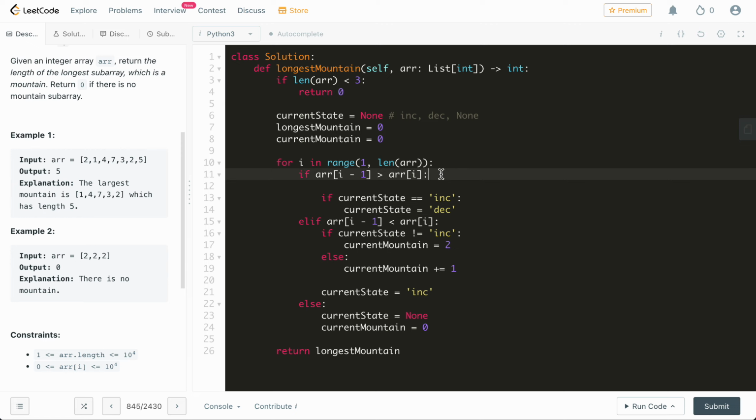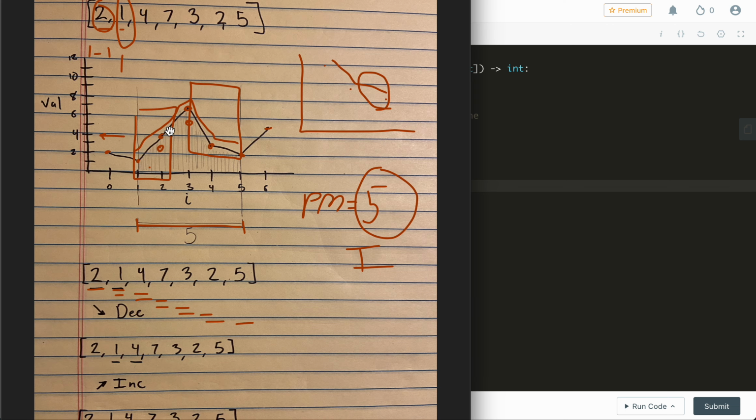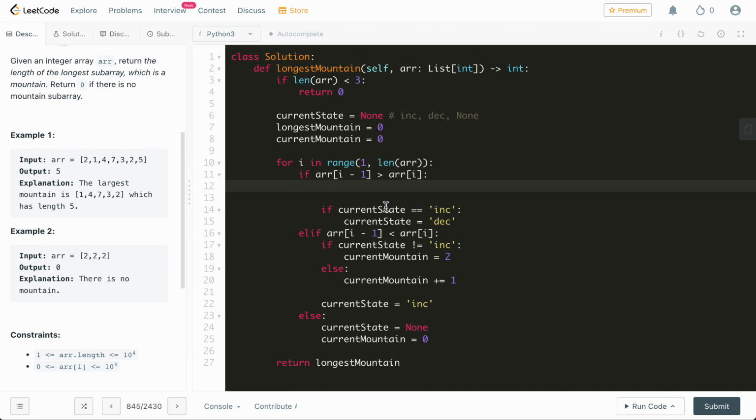That's good for that. Now, what happens if we're increasing and now we are decreasing? A decreasing state means that there was an increase and now we are decreasing. And so what we can do is we can add 1 to our current mountain.